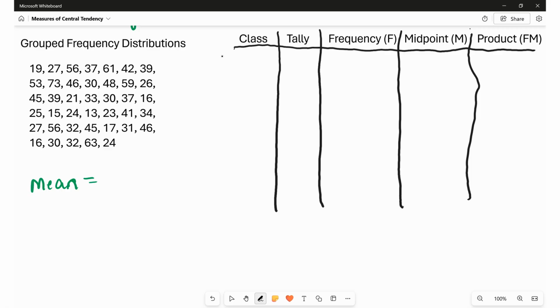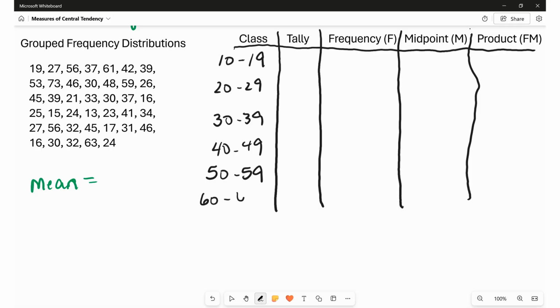So our first class is going to go from 10 to 19, then from 20 to 29, 30 to 39, 40 to 49, 50 to 59, 60 to 69, and 70 to 79. Okay? So these are our classes.